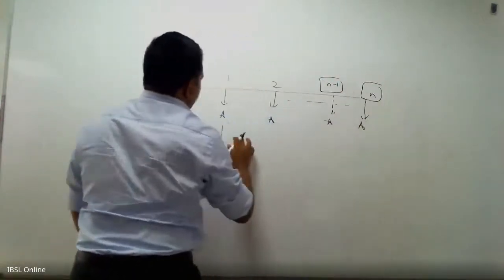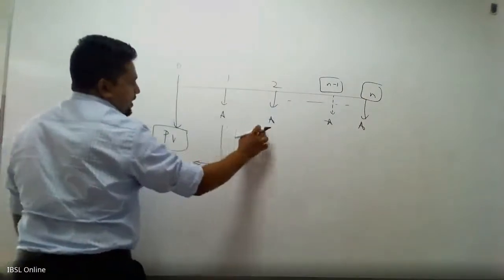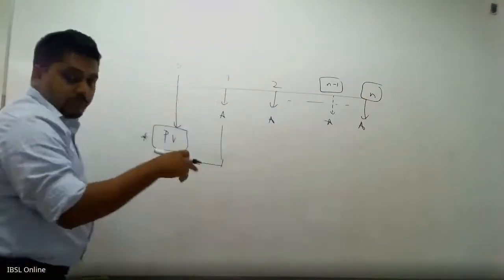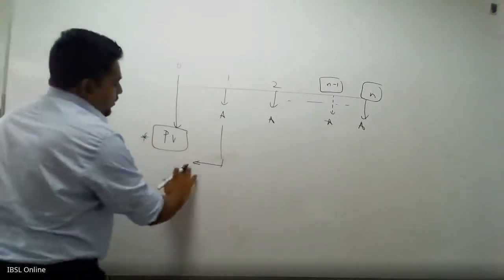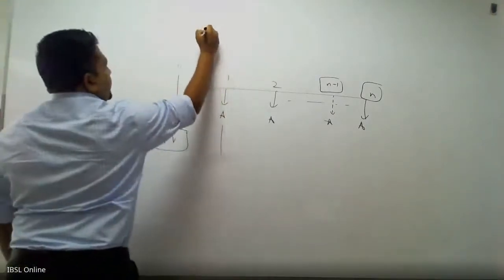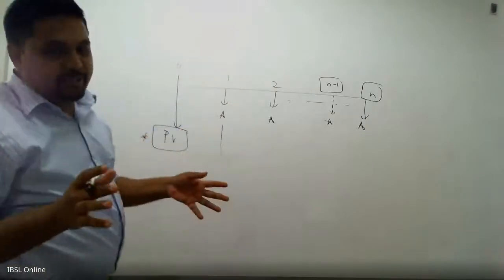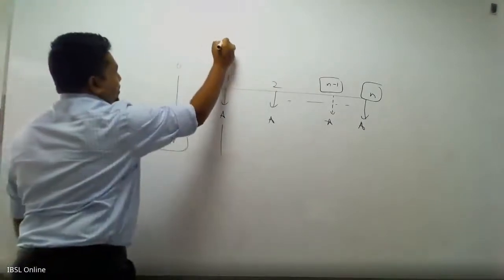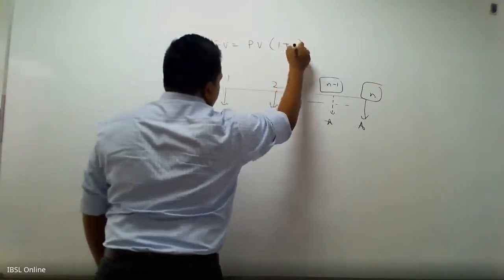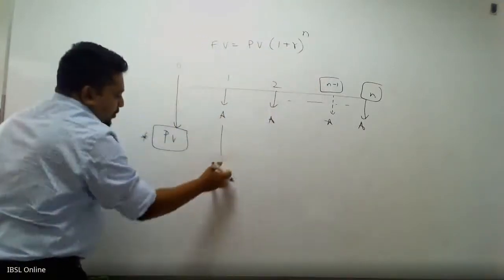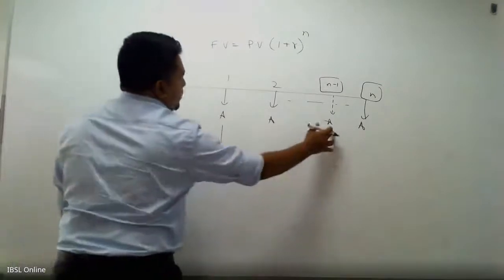Okay. So these cash flows of A's shall be discounted in this case to the present term. What's the equation that we are going to use here? The only simple equation that we will be applying throughout this is nothing but the future value is equal to present value times 1 plus r to the power n. I'm going to take the present value.